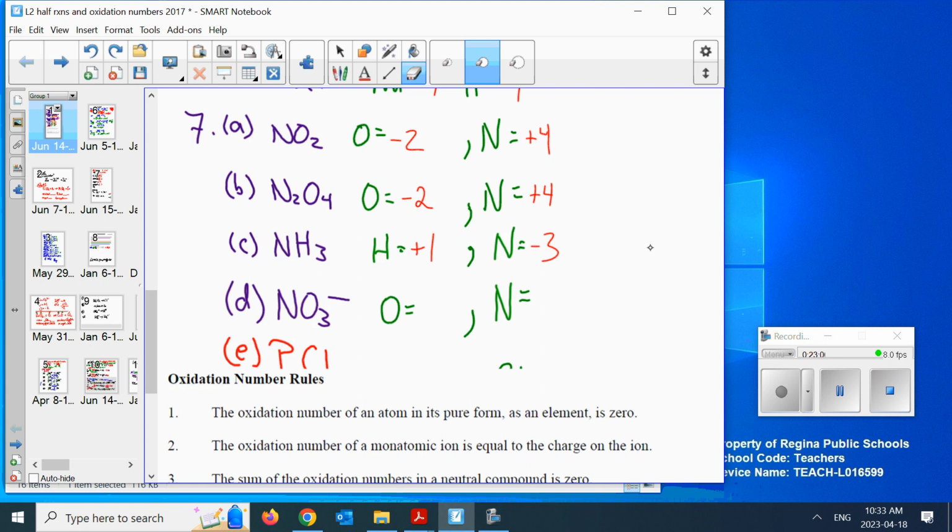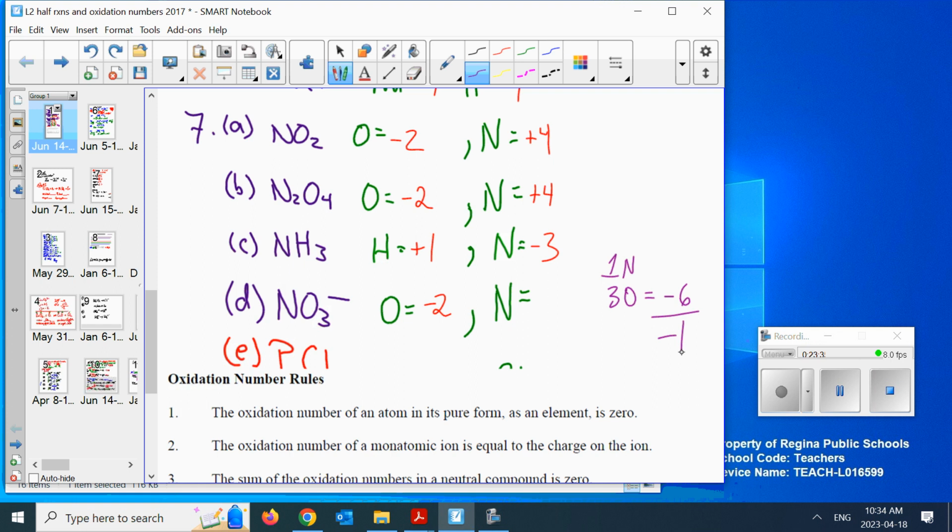Now for this one, I'll make the oxygen negative 2 assumption. I'm going to write this down. I've got 1 N, 3 O's. We're trying to figure out the N, but we know that the 3 O's will contribute negative 6. It adds up to negative 1 because of the charge on the nitrate.